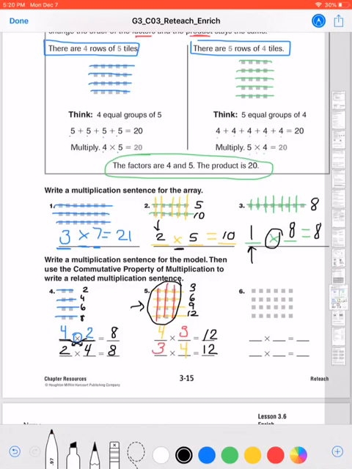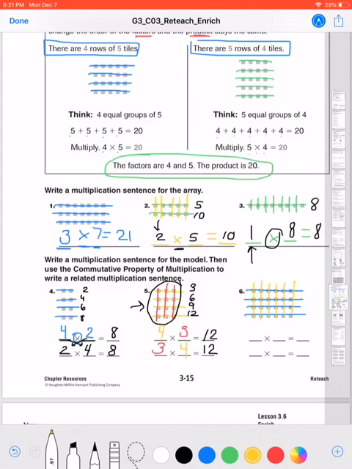All right, let's see what we got here. Let's count how many rows we have. So we've got 1, 2, 3, 4 rows. And how many do we have in each row? Let's see. 1, 2, 3, 4, 5, 6 in each row.